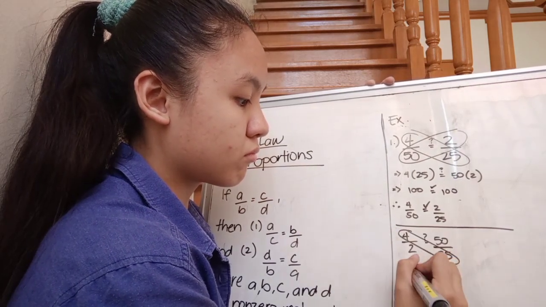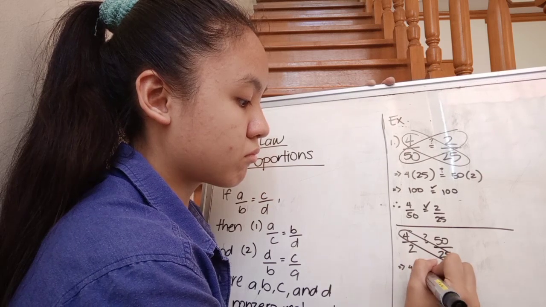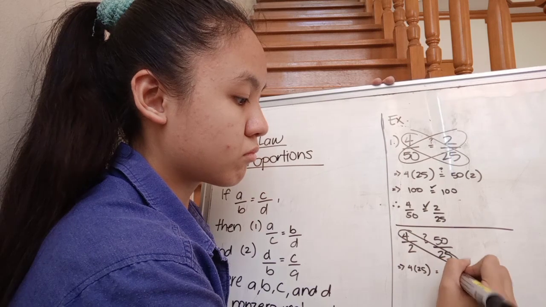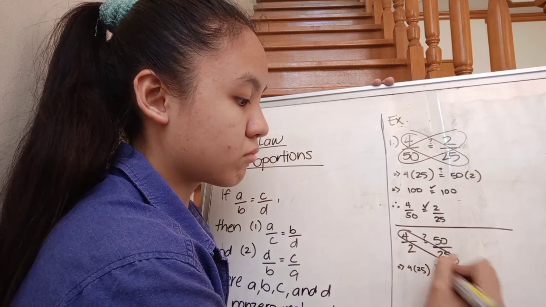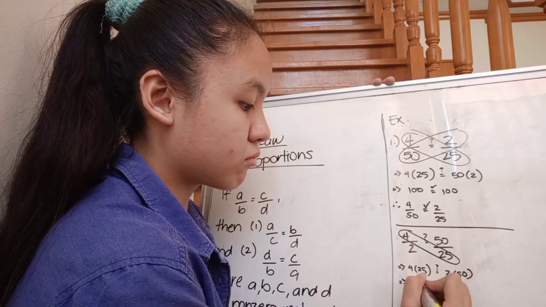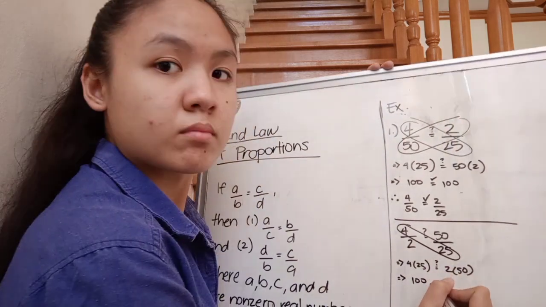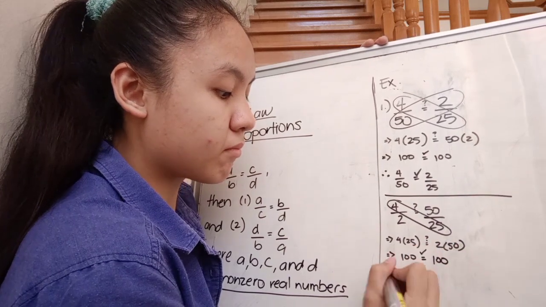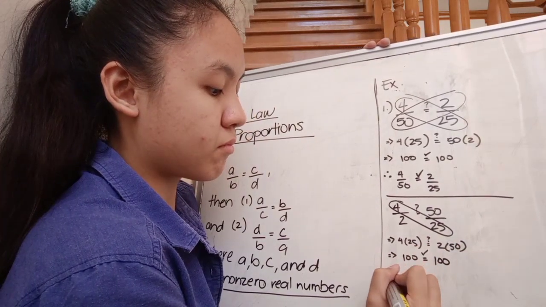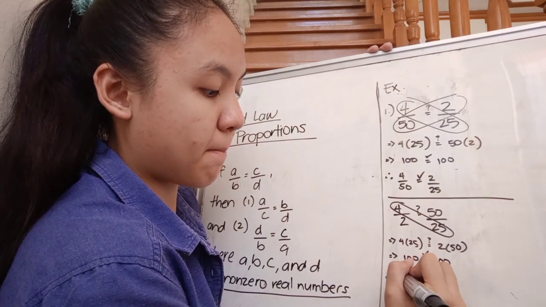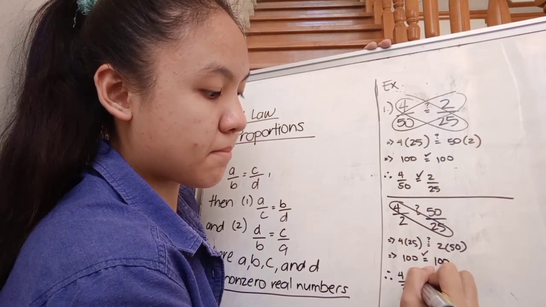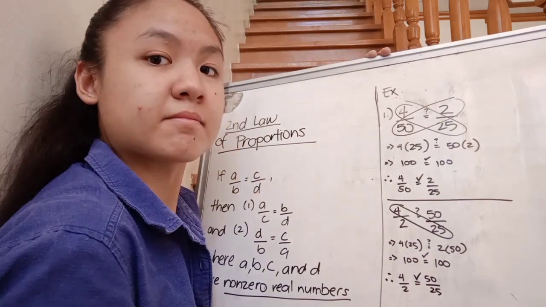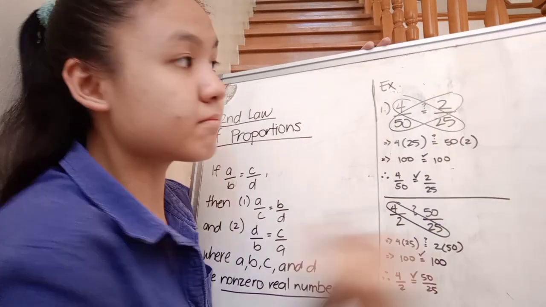So cross multiply. 4 multiplied by 25 is equal to 2 multiplied by 50. 4 times 25 is still 100, while 2 times 50 is also still 100. So, in conclusion, 4 over 2 is equal and proportional to 50 over 25.